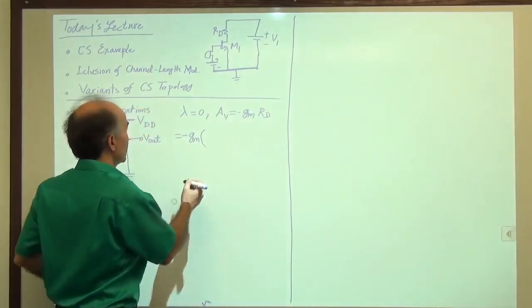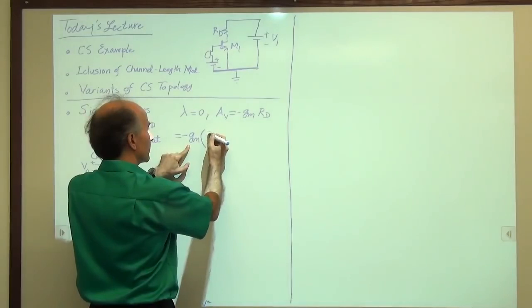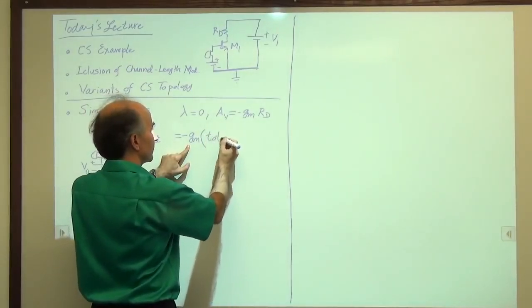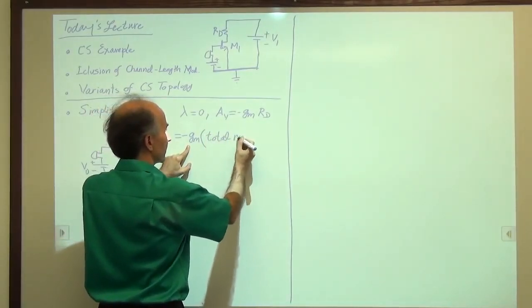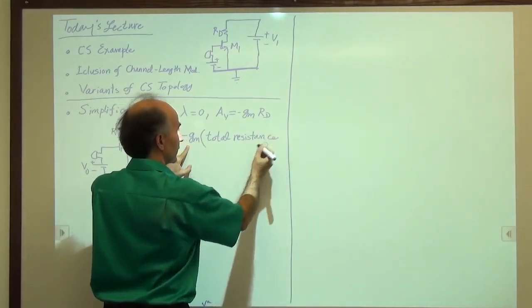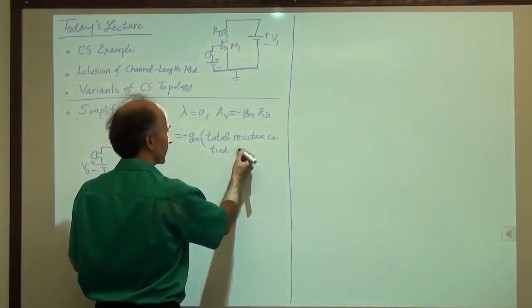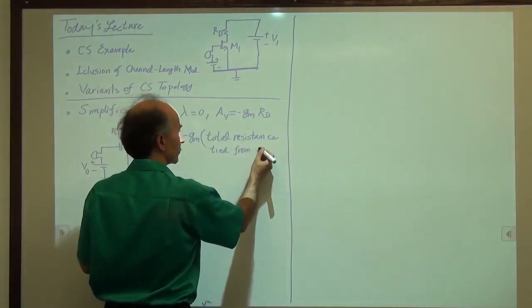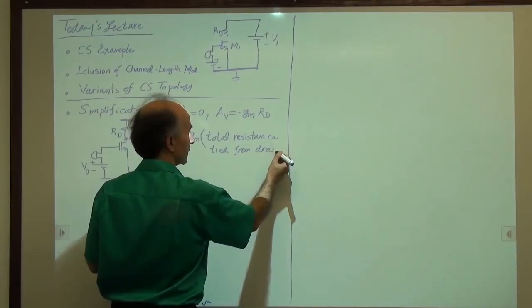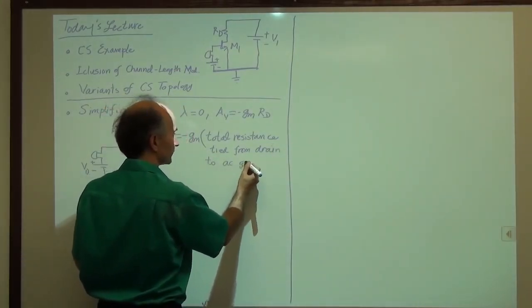So we say the voltage gain is equal to minus GM times the total resistance tied from drain to AC ground.